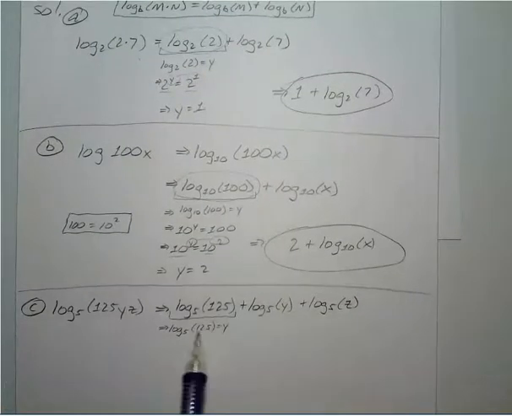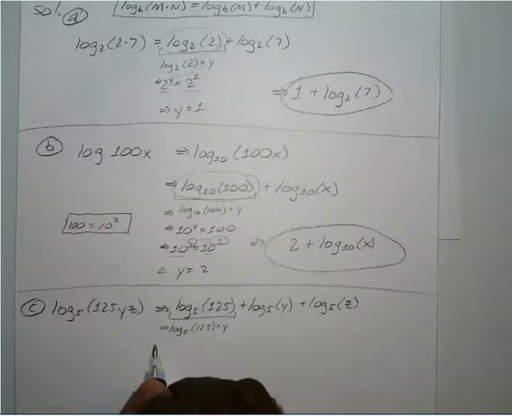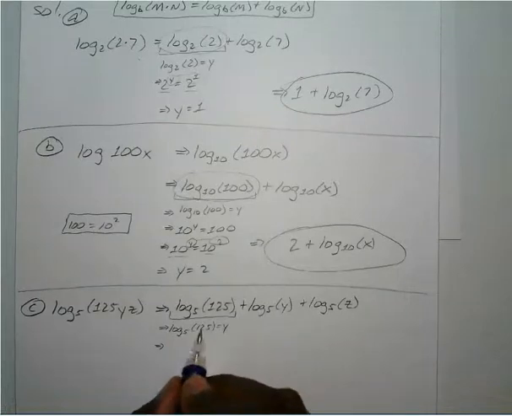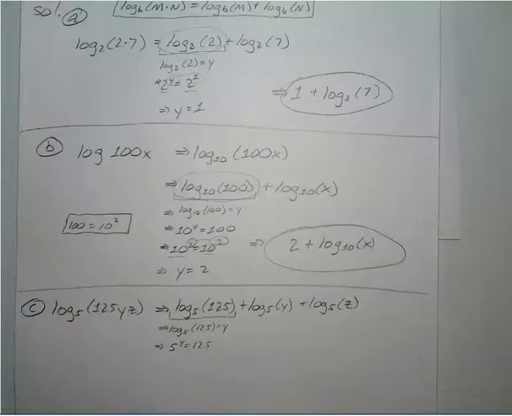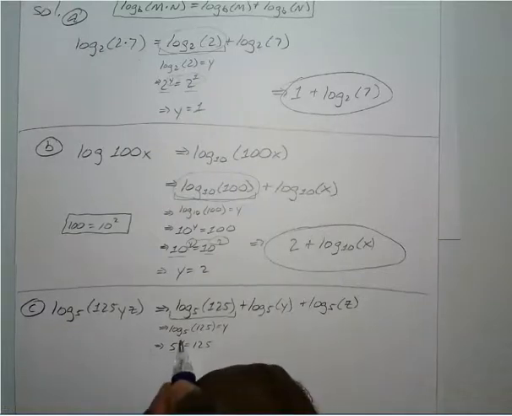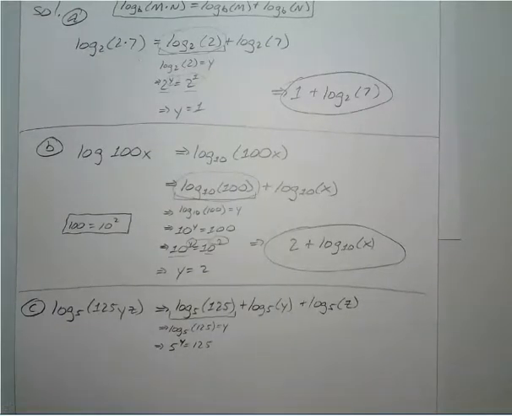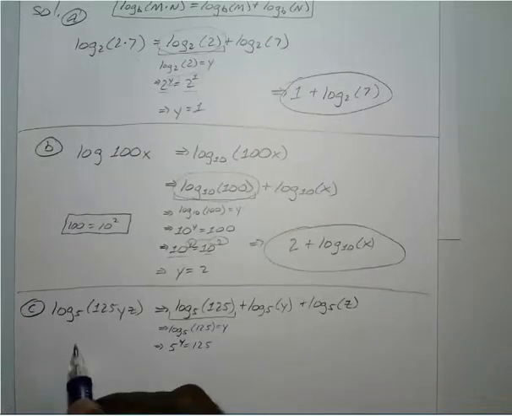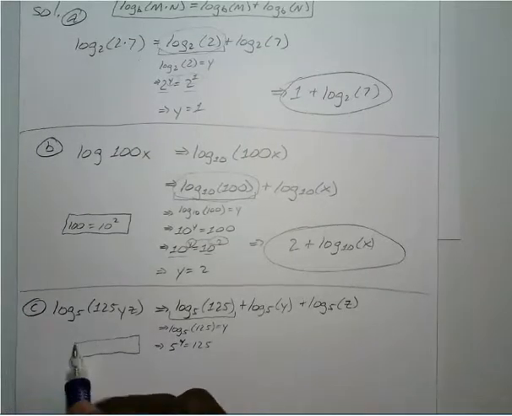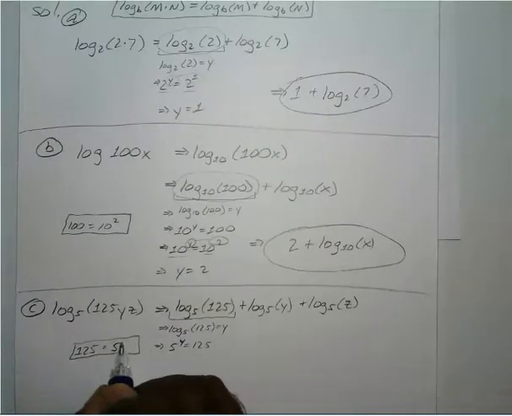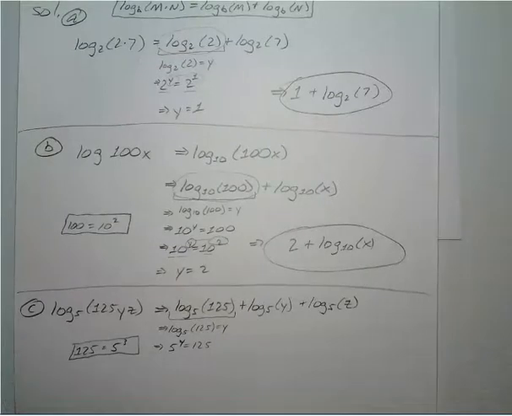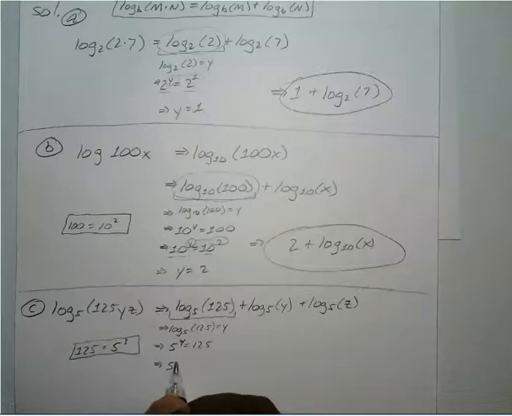If we convert that to exponential form, 5 to the power of y equals 125. We know that 125 is just equal to 5 to the 3rd power, since 5 times 5 times 5 is 125. So we have 5 to the power of y equals 5 to the 3rd power.